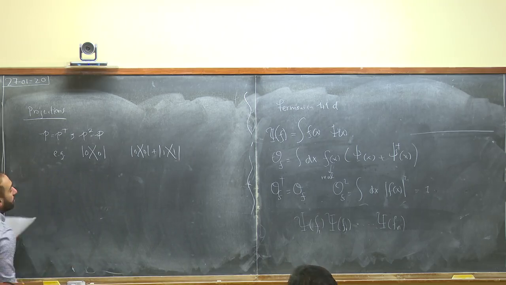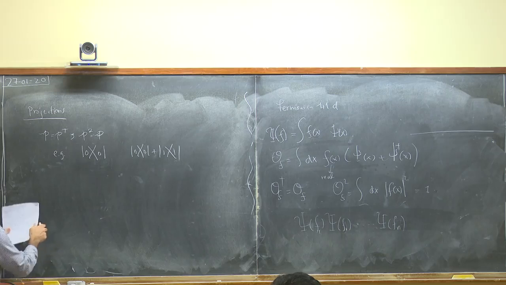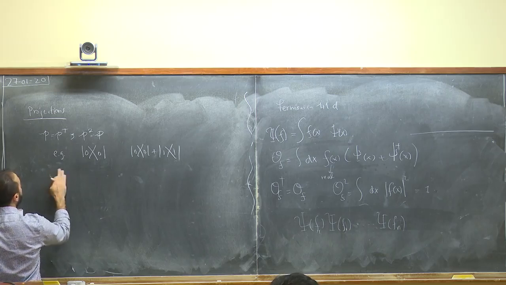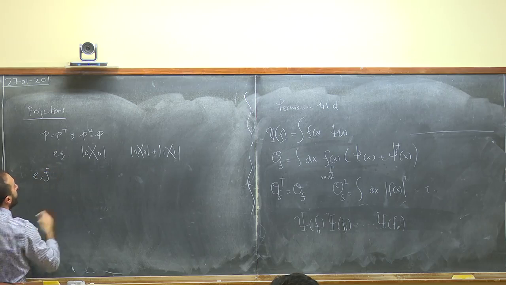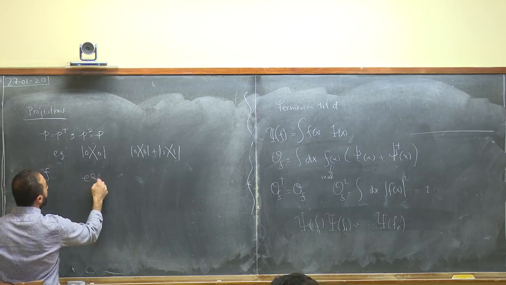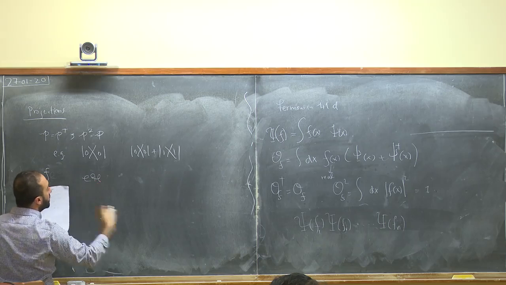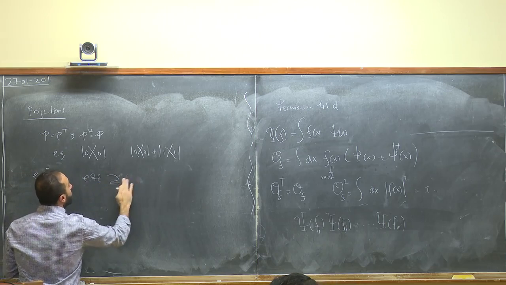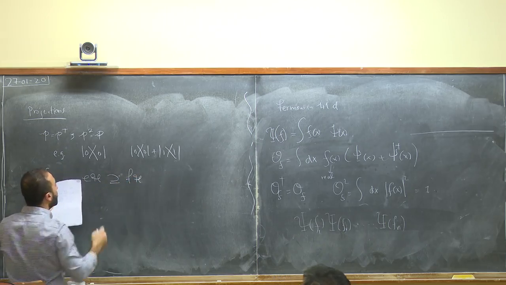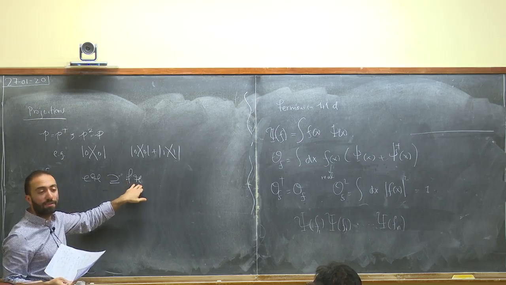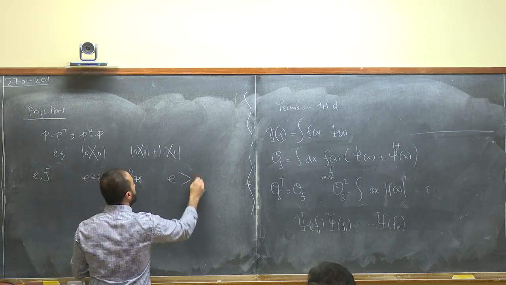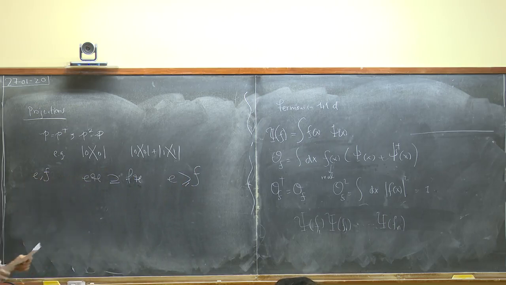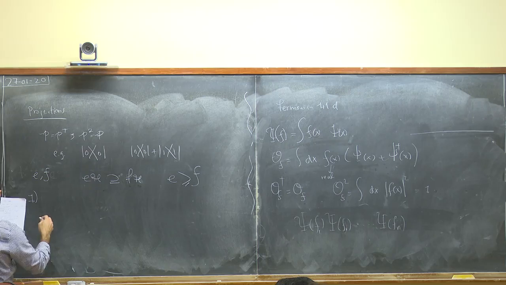Now, one thing you would like to do is associate a notion of dimension to projection operators. How would you do that? First of all, let's say you have two projections, E and F. If the subspace of the Hilbert space that you get by acting with E is larger than the subspace you get by acting with F, you say E is larger than F. Now, I'm going to use this in a second.